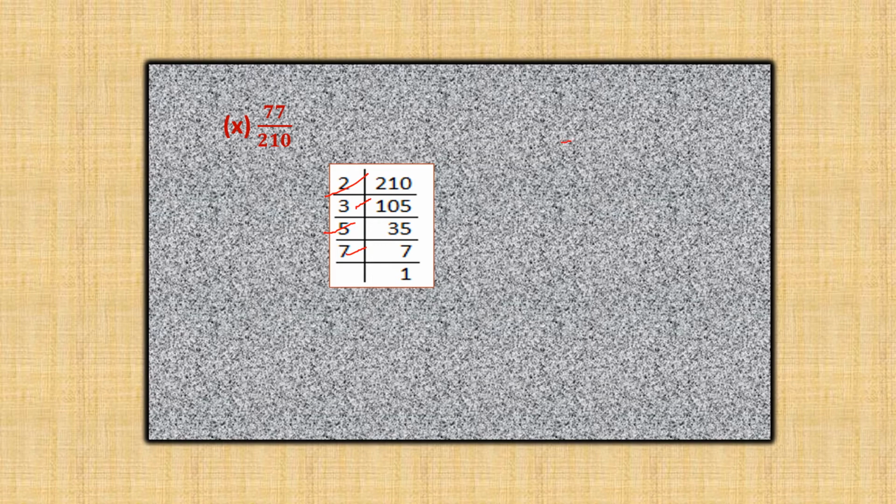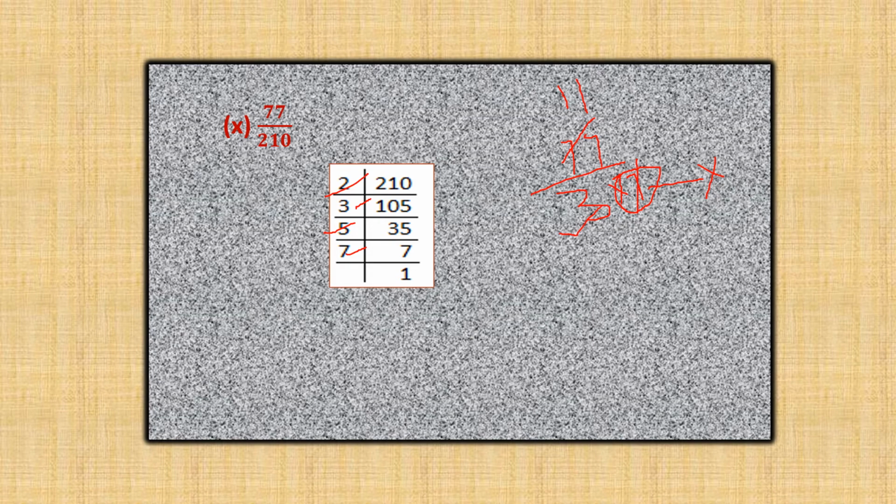So when there are other factors, you should check with the numerator whether it is divisible by these numbers or not. 77 is divisible by 7, so I can write 7 into 11 is 77, and that 7 is cancelled. Now what about this 3?